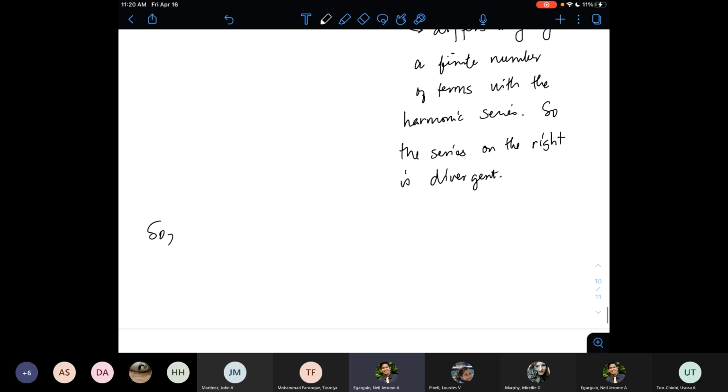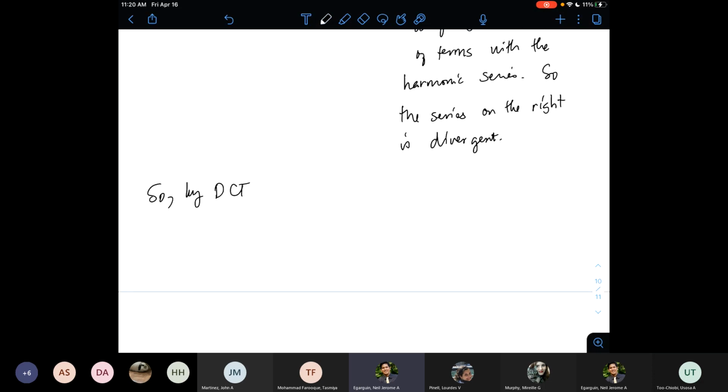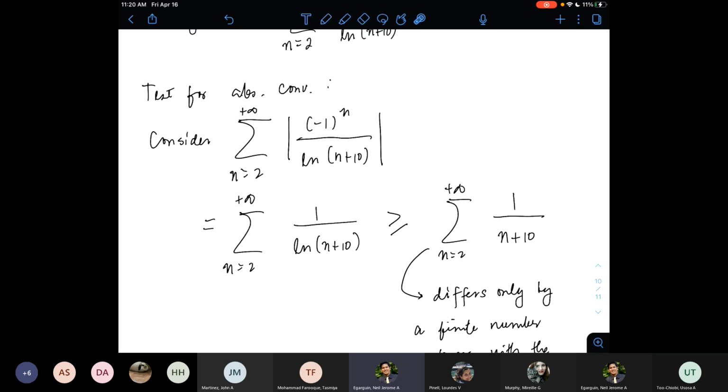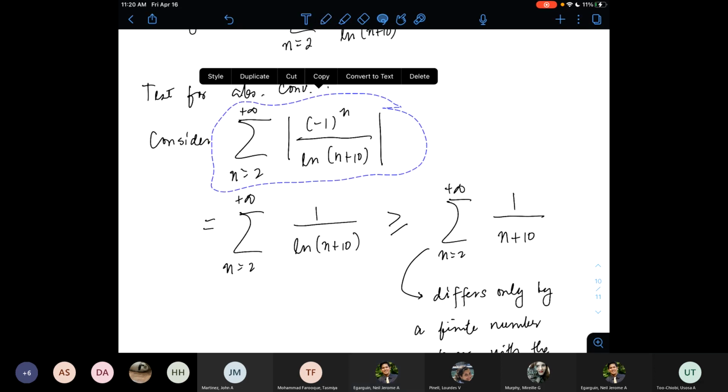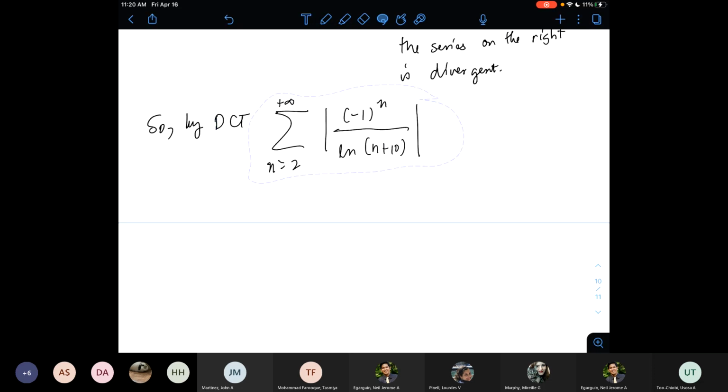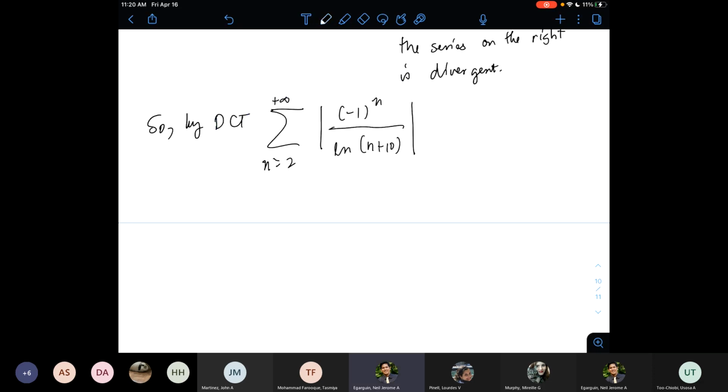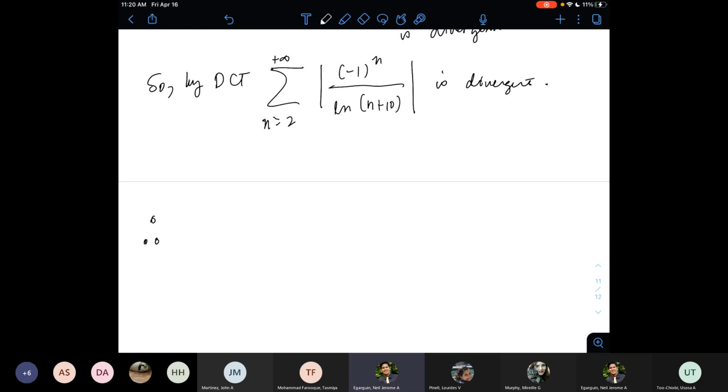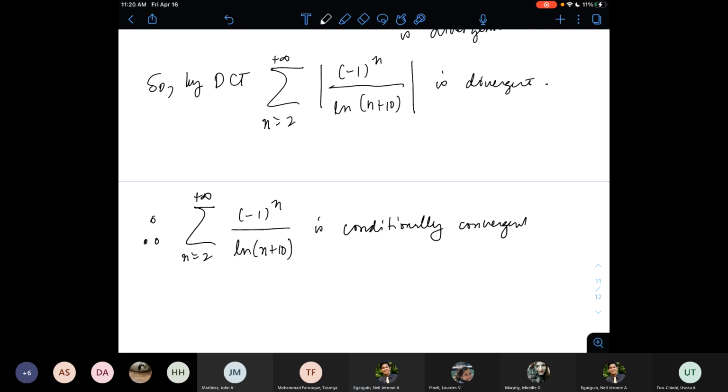By direct comparison test, the series with the absolute value is divergent. Therefore, the original series that we were given is conditionally convergent, because on its own it is convergent, but with the absolute value bars it becomes divergent.